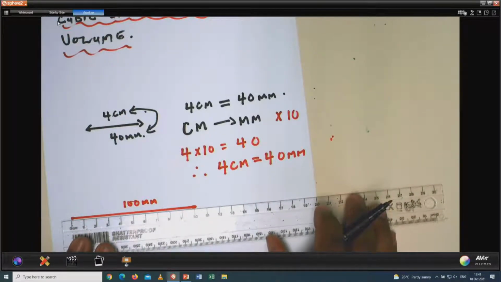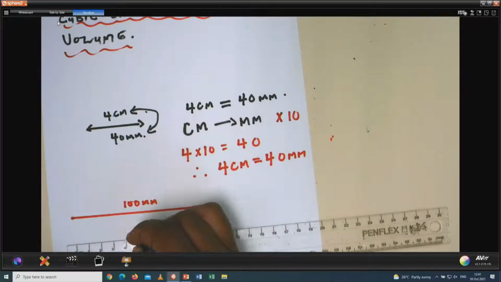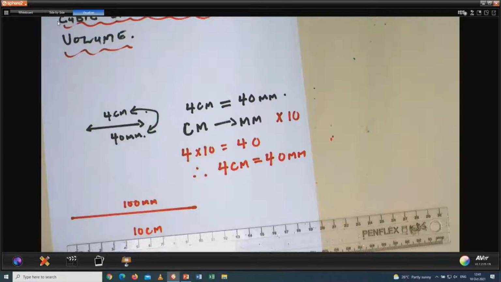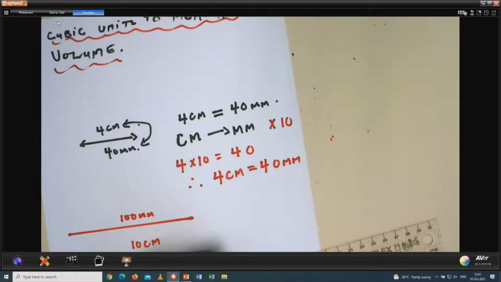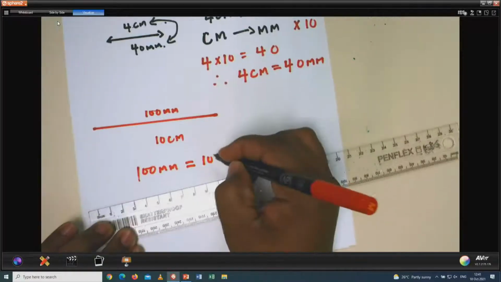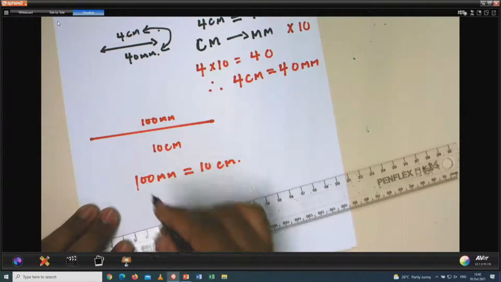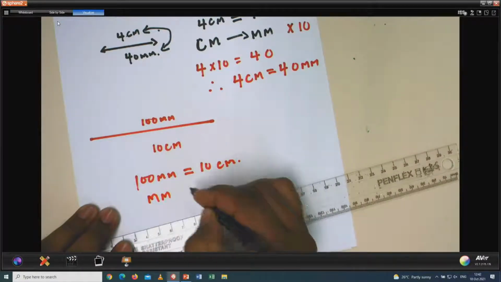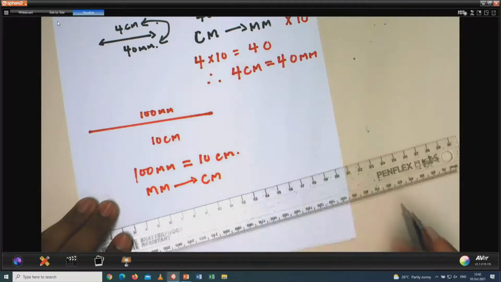It is exactly 10 centimeters. You can see that 100 millimeters is equivalent to 10 centimeters. Let us find the relationship for us to be able to move from millimeters to centimeters. Therefore, what can we say?